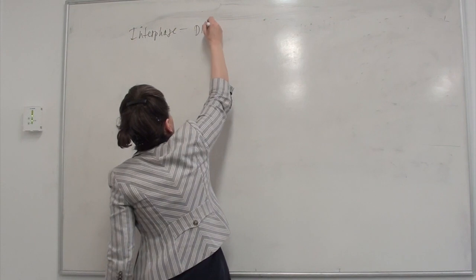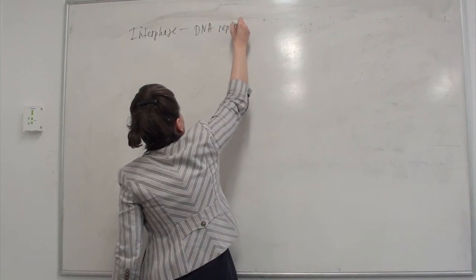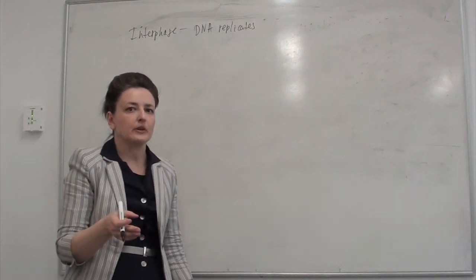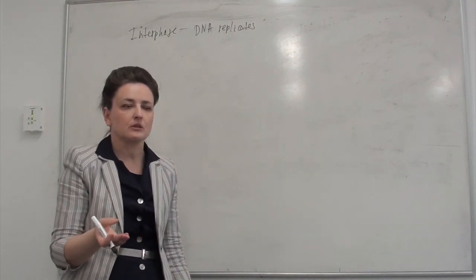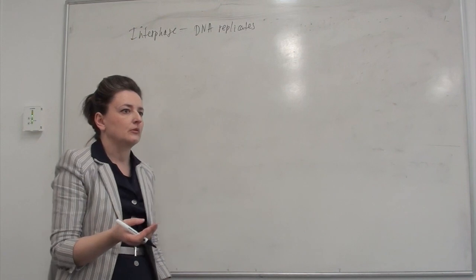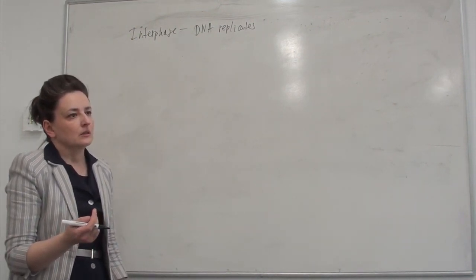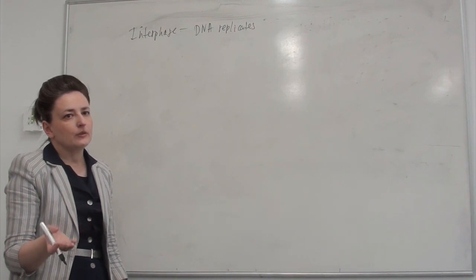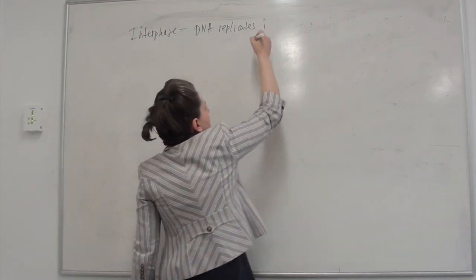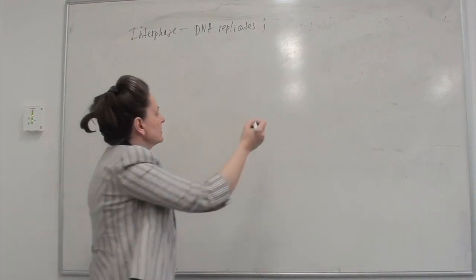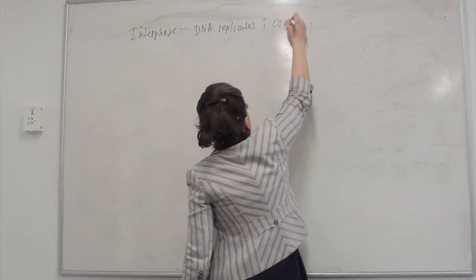So DNA replicates, and that means each chromosome is then going to have 2 sister chromatids as a result. And what else normally replicates in interphase? Organelles, yes.